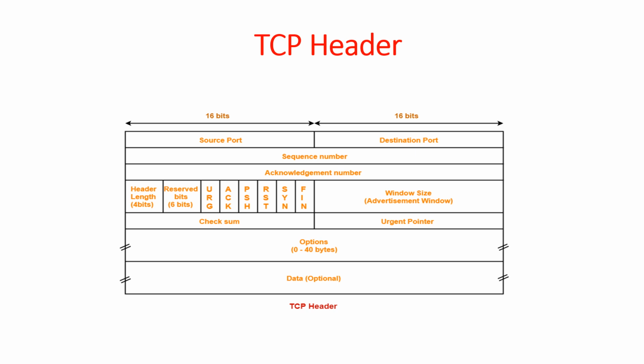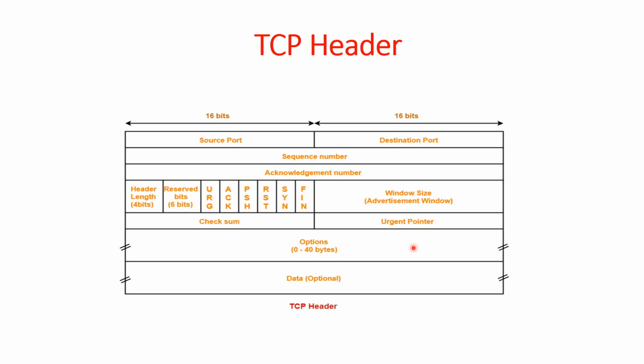Urgent pointer, 2 bytes. This field indicates the end of the urgent data if the urgent flag is set. It provides a pointer to the location of urgent data within the segment. Options.